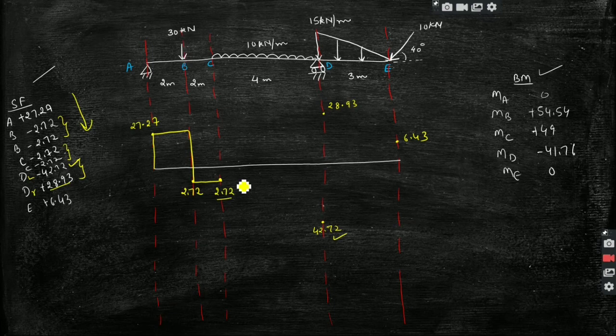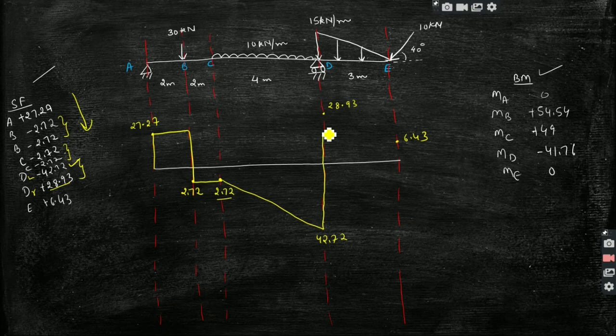So at the left side we are getting 42.72, and as this is UDL between C and D, we will join these with the help of an inclined line. Okay, 42.72, right? Then at D only we had another value. So from minus 42.72, the shear force changed to 28.93 just on the right.